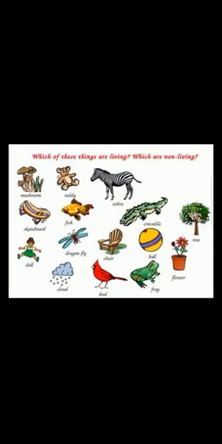We have mushroom. You have to say whether it is a living or non-living thing. We have the teddy bear, zebra, skateboard, fish, crocodile, doll, dragonfly, chair, ball, tree, cloud, bird, frog, and flower. So you have to classify and say whether it is a living or non-living thing.